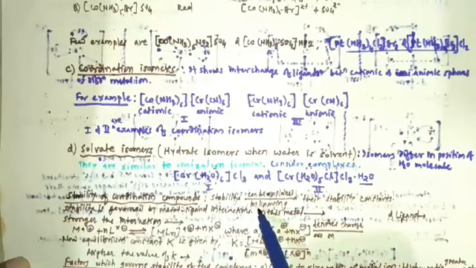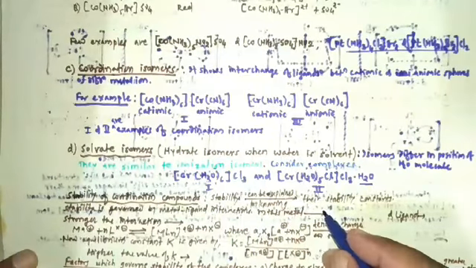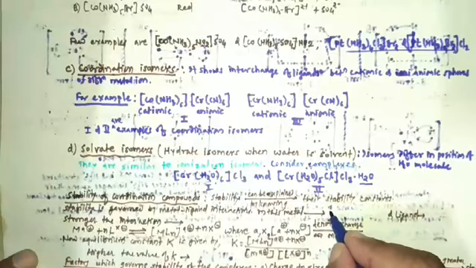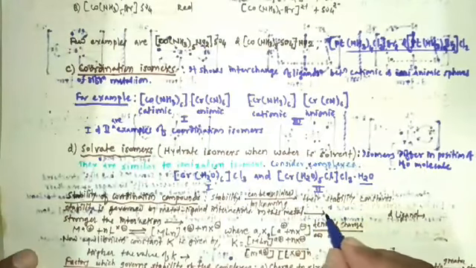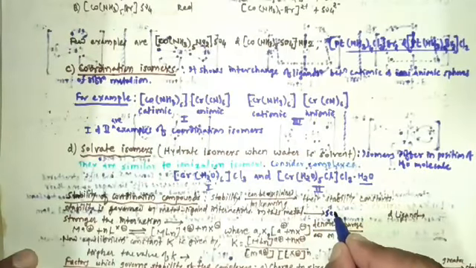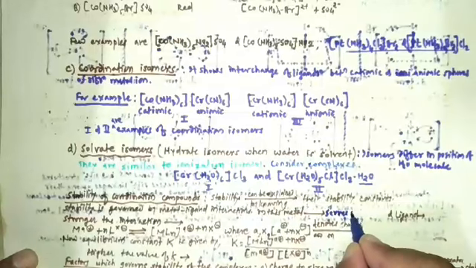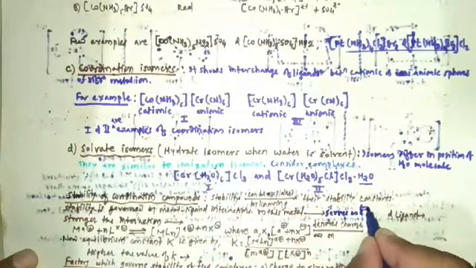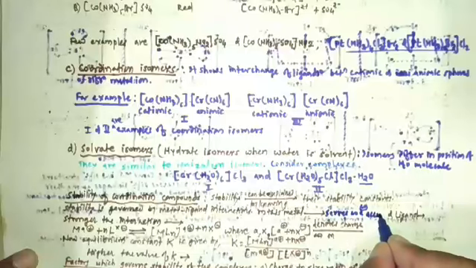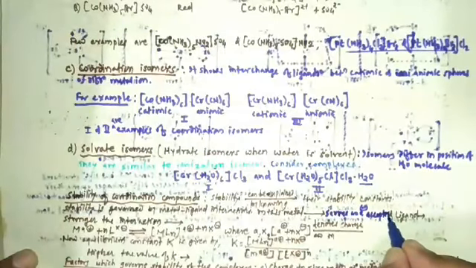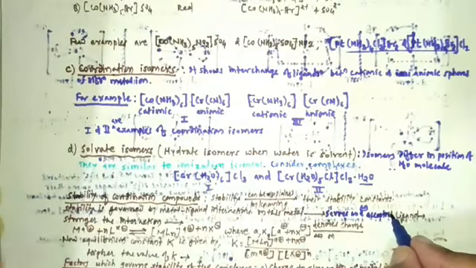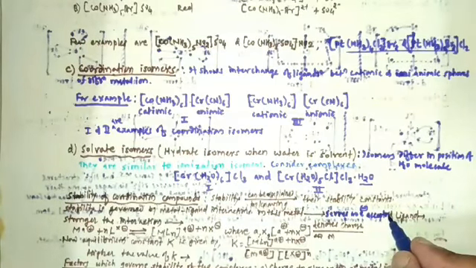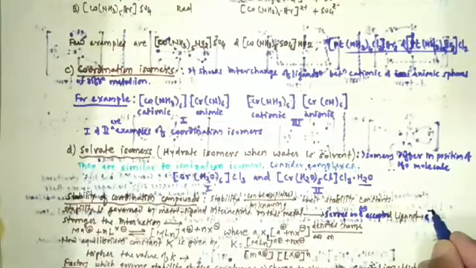In this, the metal serves as an electron pair acceptor, while the ligand serves as a Lewis base, that is, an electron pair donor.